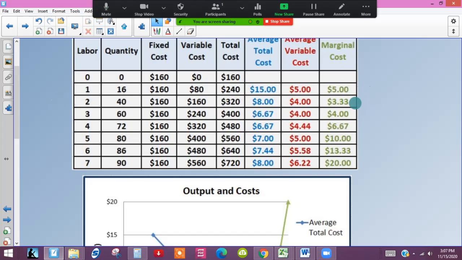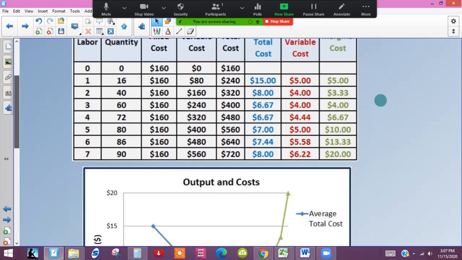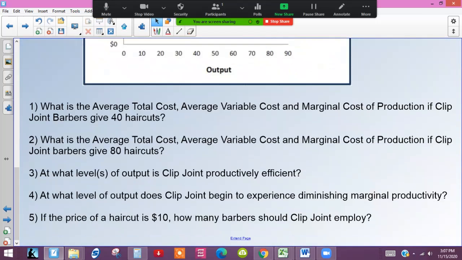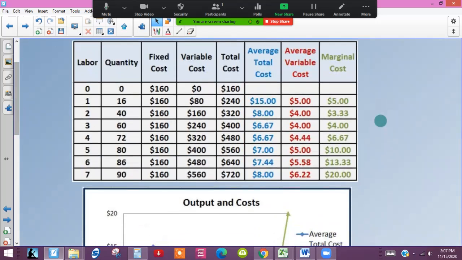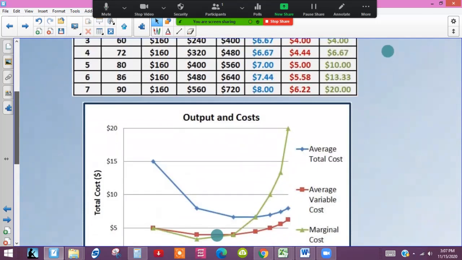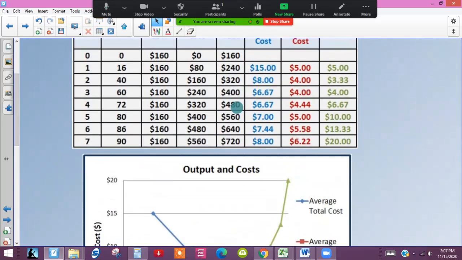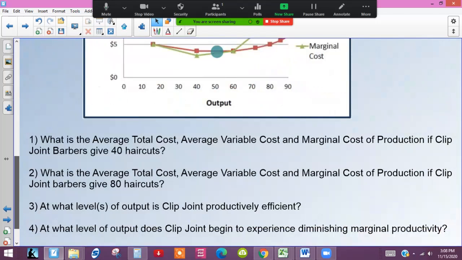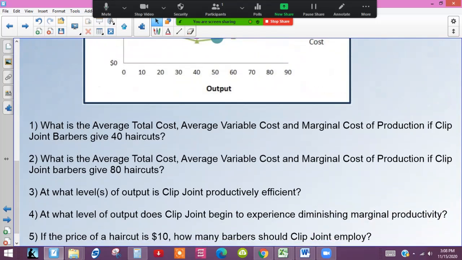As soon as marginal cost starts to increase, which is as we move from 2 to 3, so at a level of 3 units of labor, and what am I asking you here? Okay, I'm asking you for the level of output. So at a level of output of 60, we have an increase in marginal cost, which means at that point, at an output of 60, we are experiencing diminishing marginal productivity.